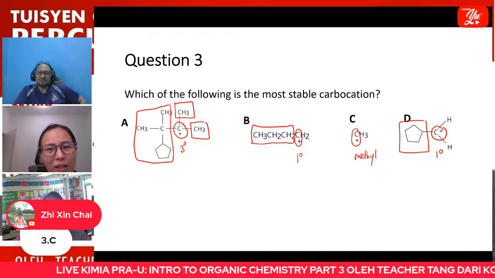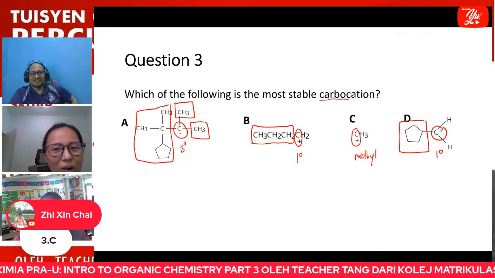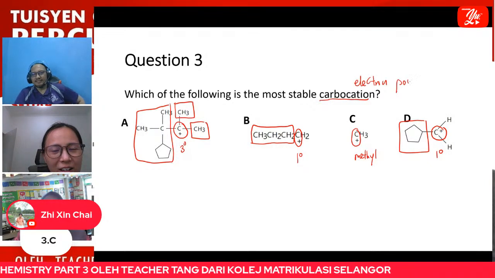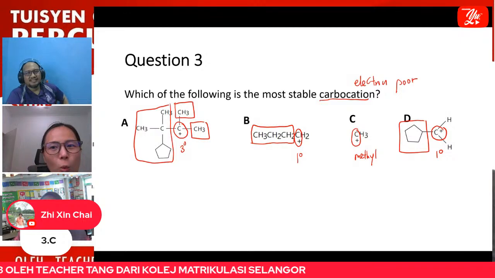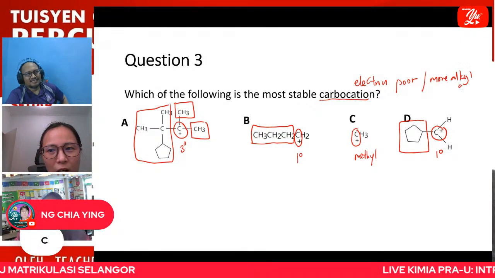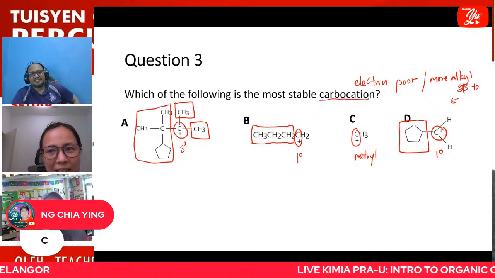C. Okay. Carbocation is electron deficient or electron poor, so if electron poor, it needs more alkyl groups to stabilize it.